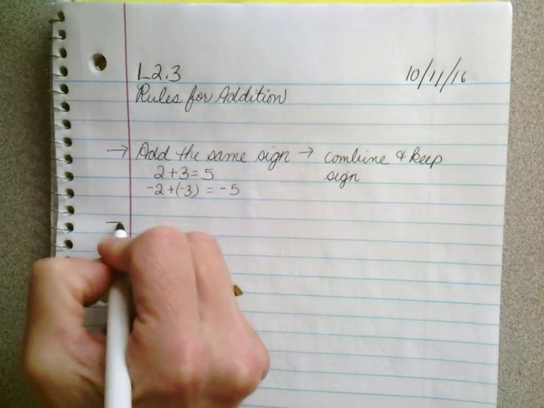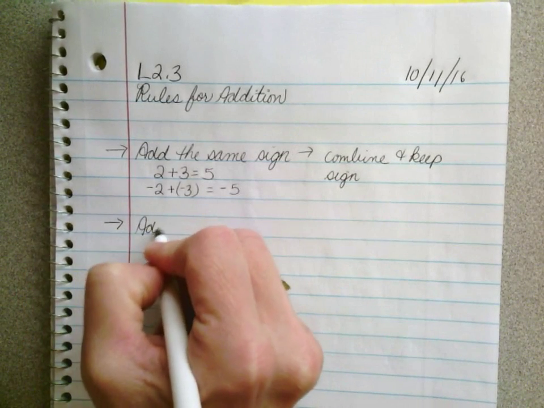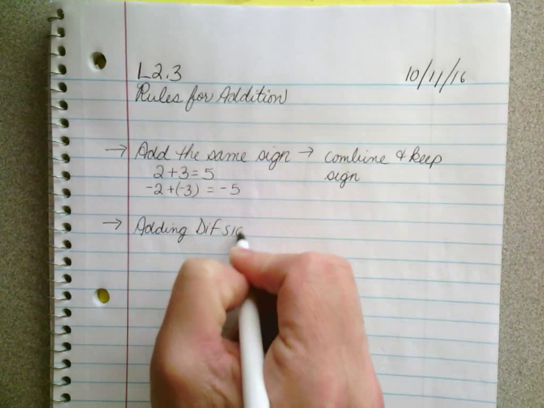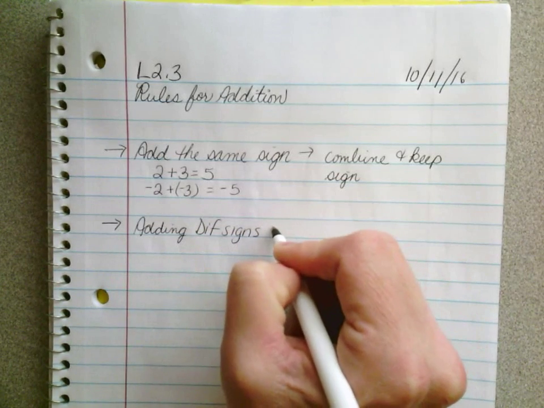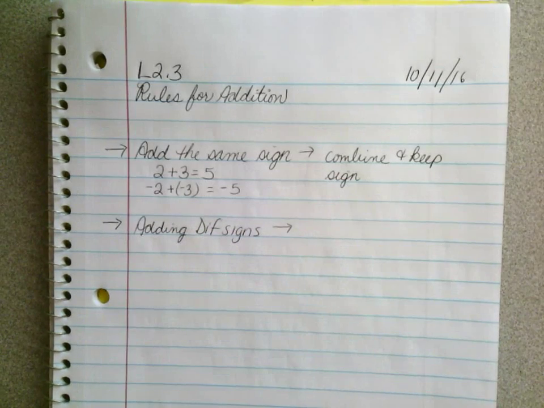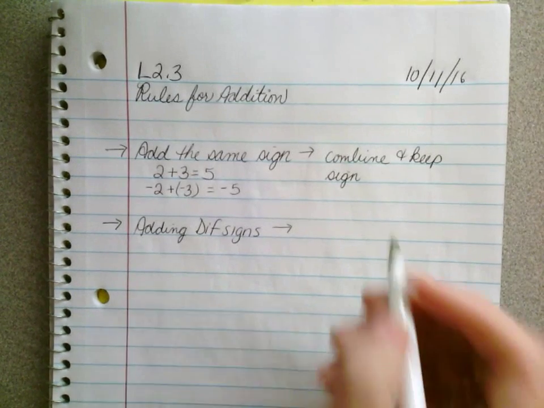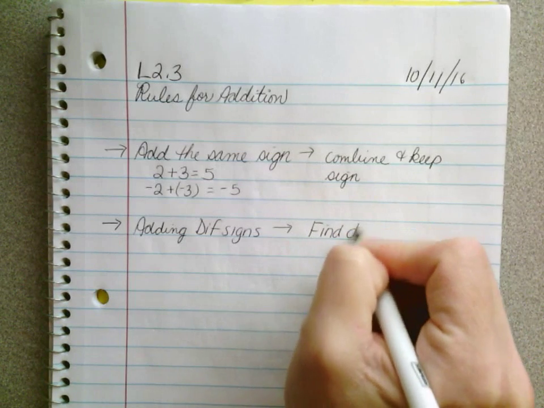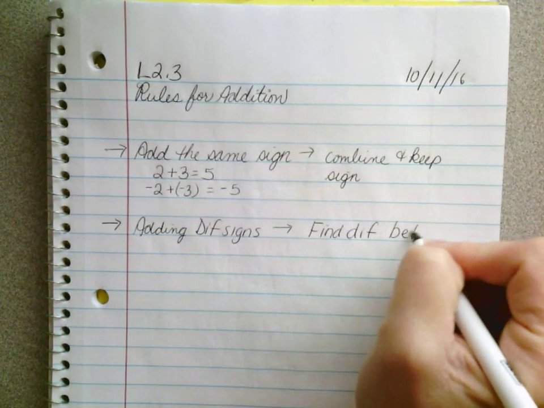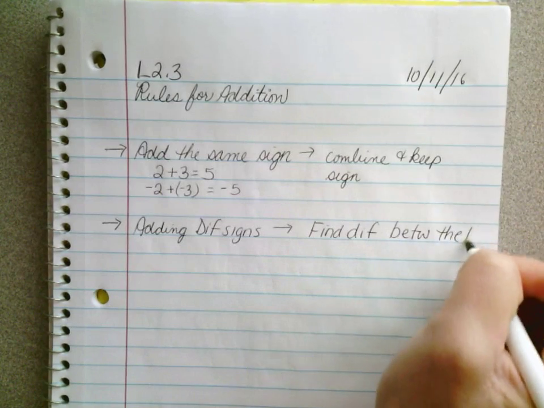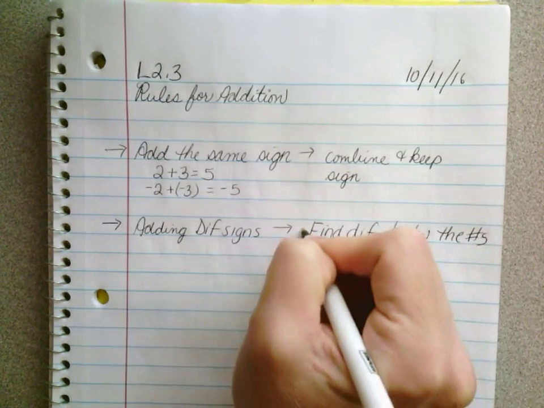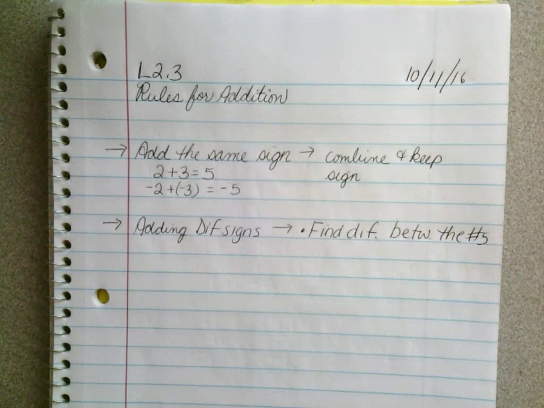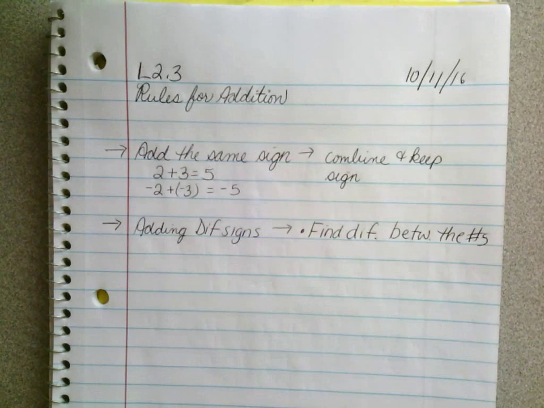The next summary I want to share with you is when you are adding different signs. First thing you're going to want to do is find the difference between the numbers, just the basic numbers themselves. You've heard me say, find the difference, subtract the two numbers, things like that.